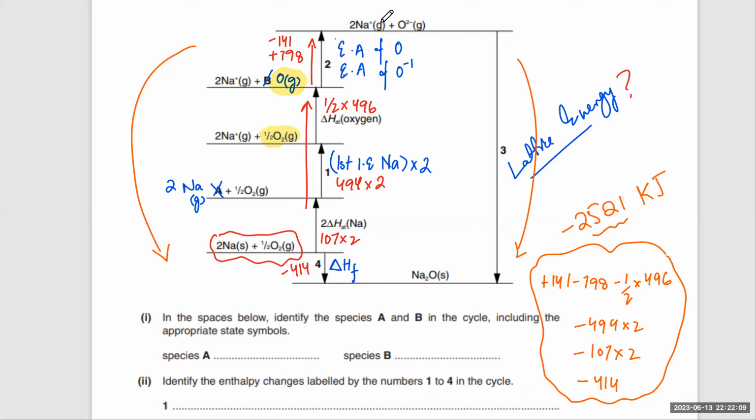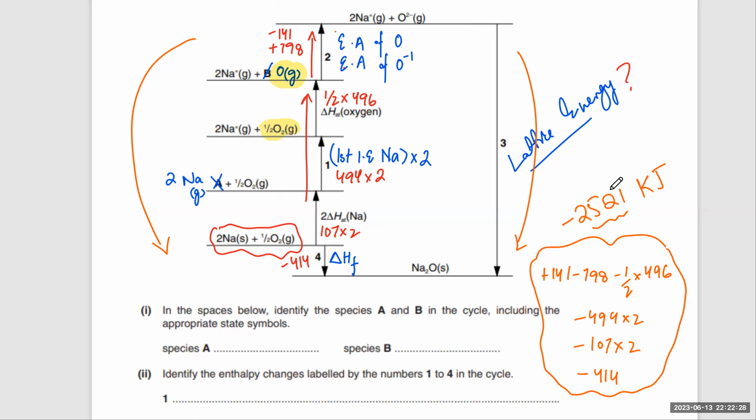The stronger the charge and the smaller the ions, the more attraction they're going to have. But anyway, that's minus 2521. That looks all right, and usually it's in that range. If it's a weak lattice, it's going to be closer to minus 1000. If it's a very strong lattice, it would be around minus 4000.